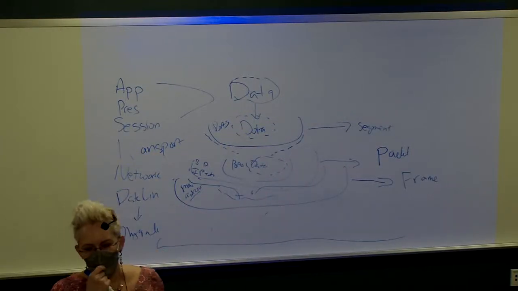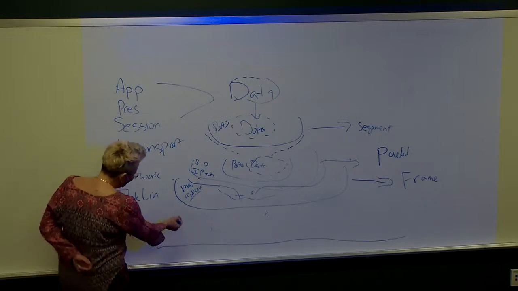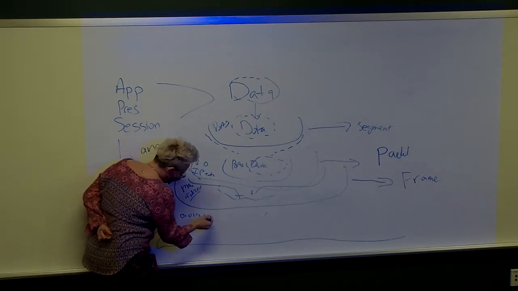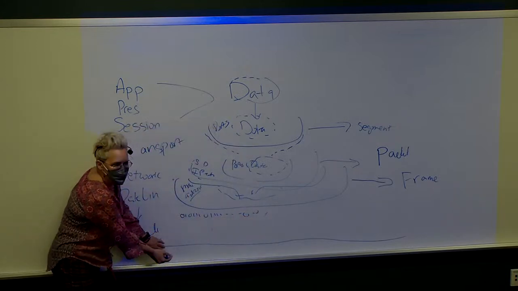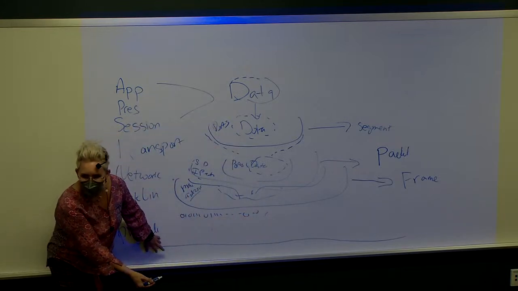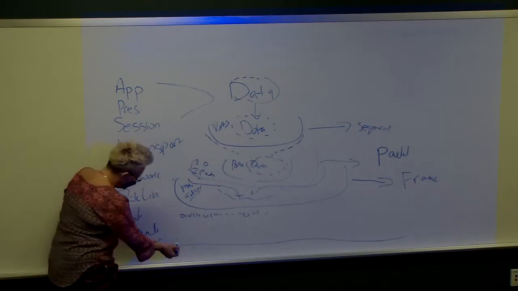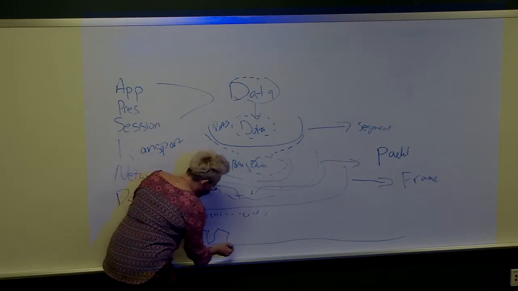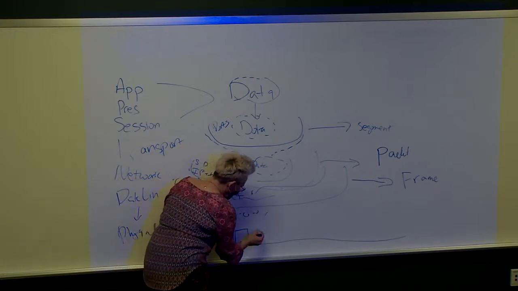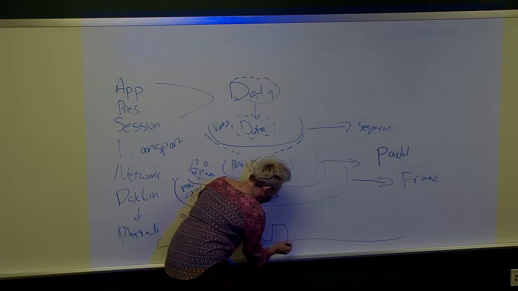Encoding. Because really what this is, is all ones and zeros, right? And along with encoding, something else happens. Signaling, okay? So now it can move across the media in whatever format it's supposed to be, right?